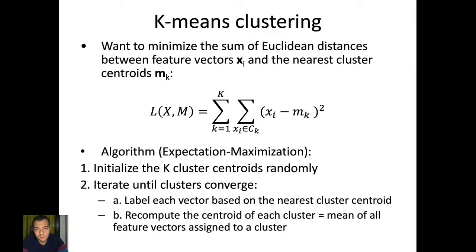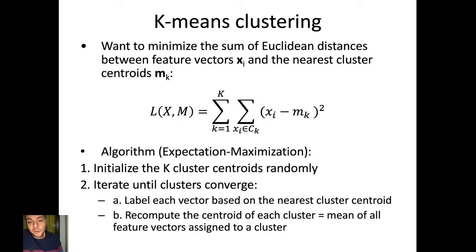So yeah, I mentioned k-means and clustering several times during the lecture, but I didn't explain what it means. In k-means, we have an algorithm that is based on expectation maximization. We start with a random allocation of centroids.